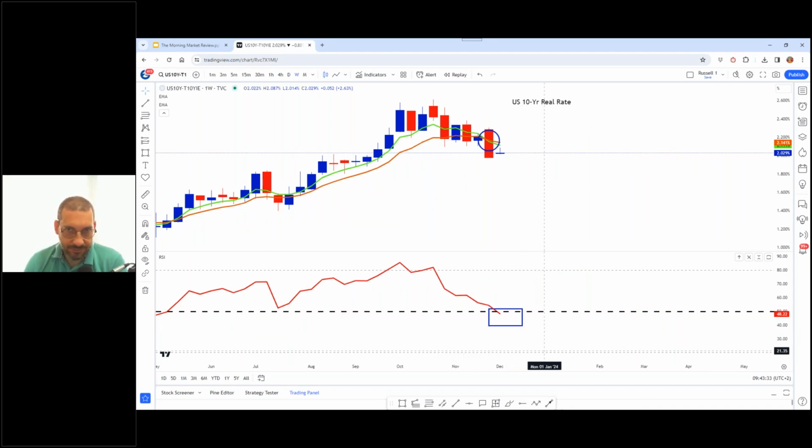Now, I think everyone's fairly comfortable with our analysis starting off with the real rate. But we have to be very careful here, and this is something we need to keep abreast of. Why is the real rate coming down? I think there are three possible reasons.